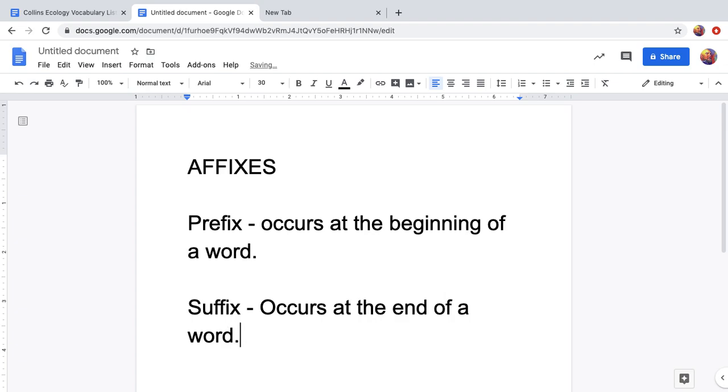So you may be asking yourself, how is this going to help me in English, and how is this going to help me in science class?